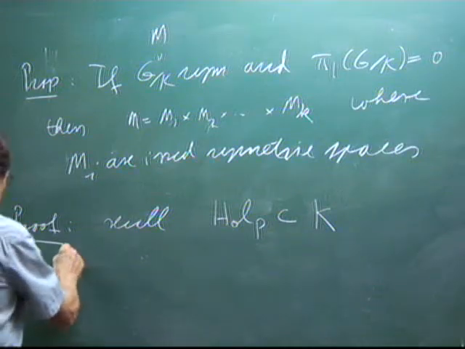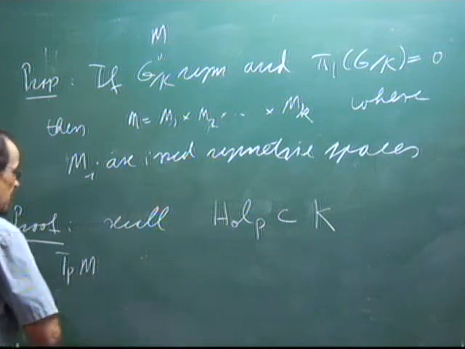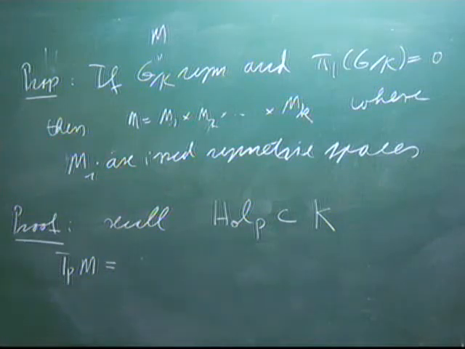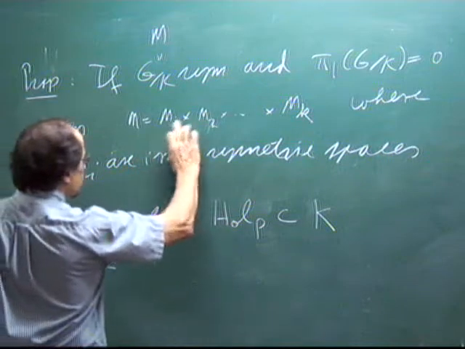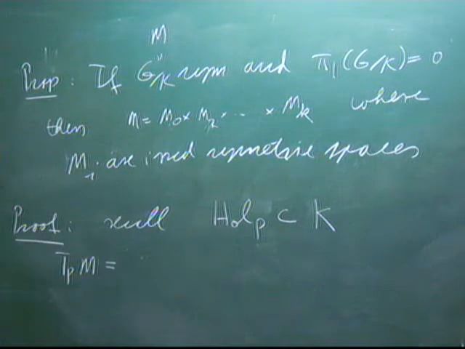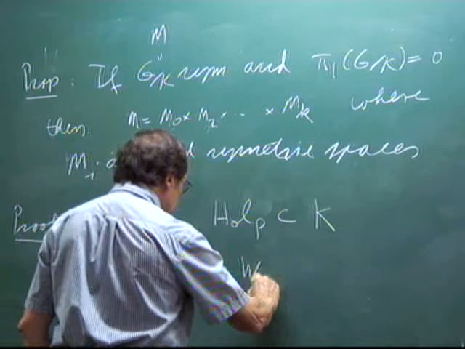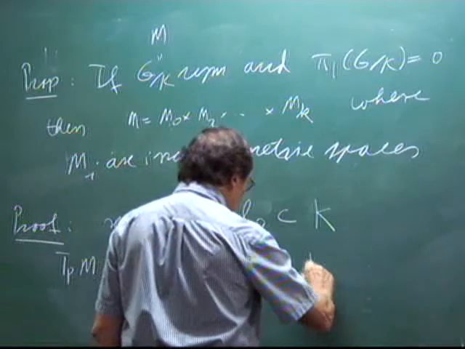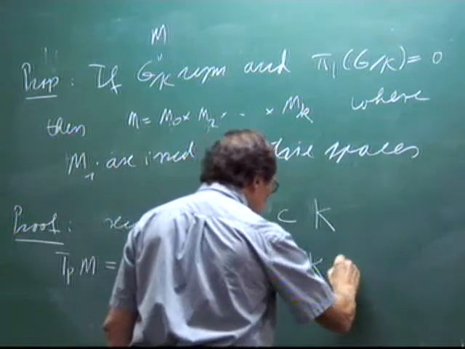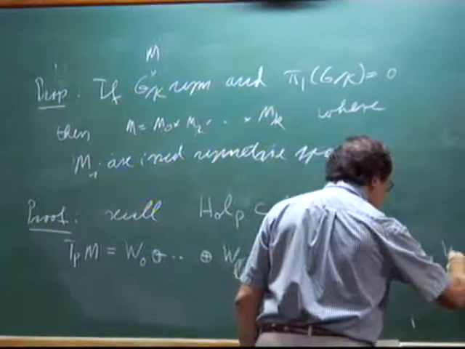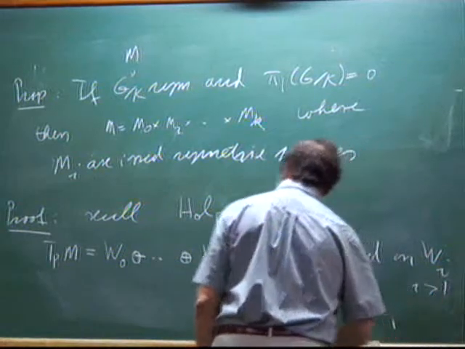So take the tangent space at the base point P and write this as a sum of irreducibles. And of course, there could again be a subspace on which it acts trivially, so maybe we want to include this after all. So T_P M is W0 plus W1 up to Wl, and the group K acts irreducibly on W_i, i bigger than 0, and trivially on W0.